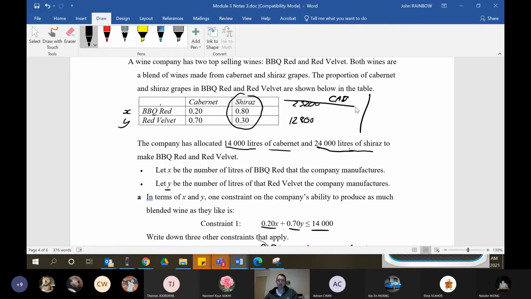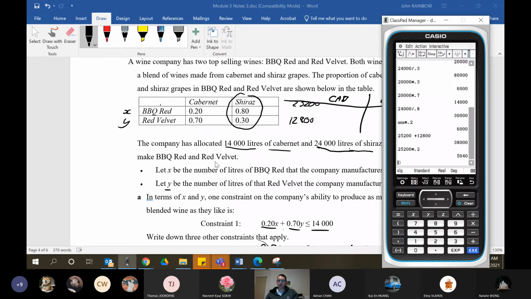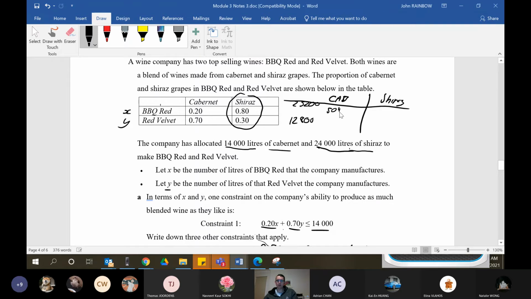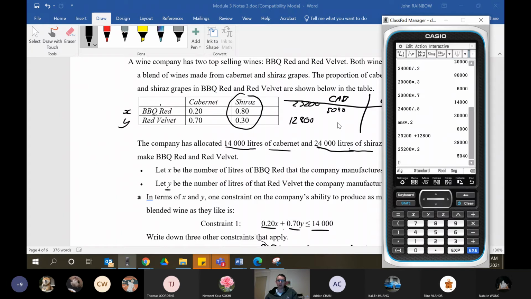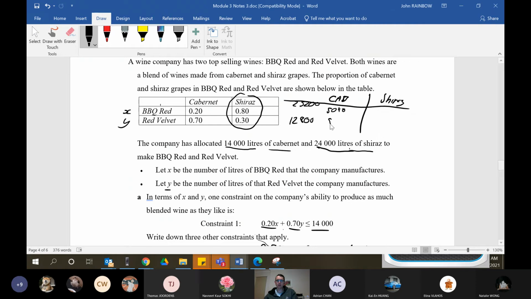And then we're going to look at Shiraz. So we've used 5,040 liters. And then we did 12,800 bottles, 800 liters, I should say, of the other one of 0.7. So you've used 8,960.